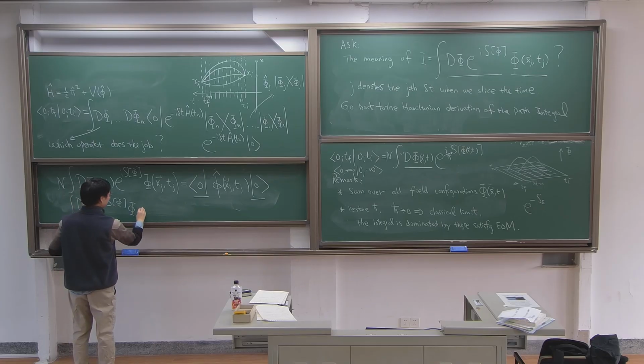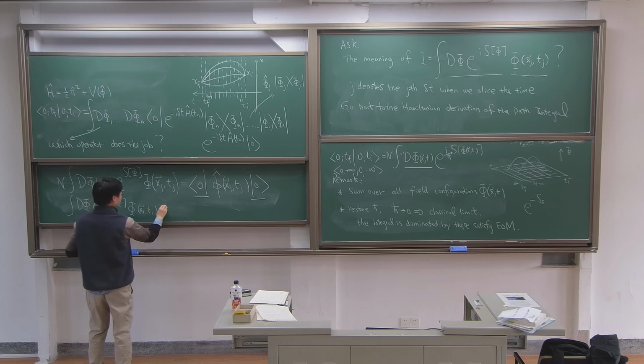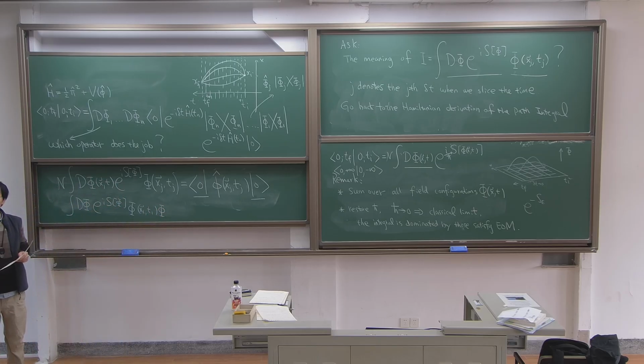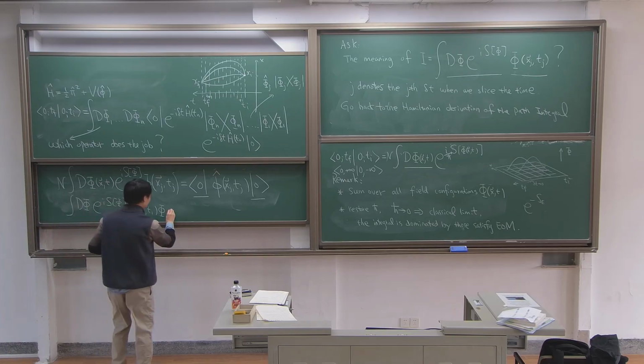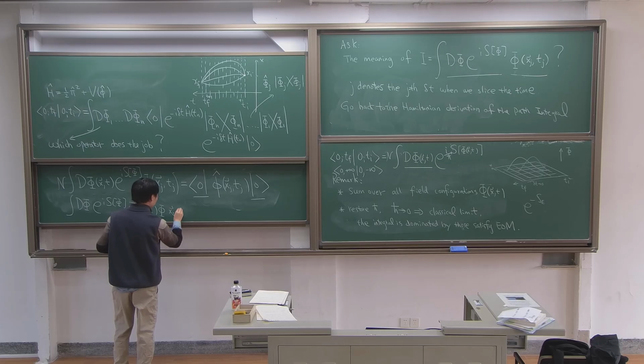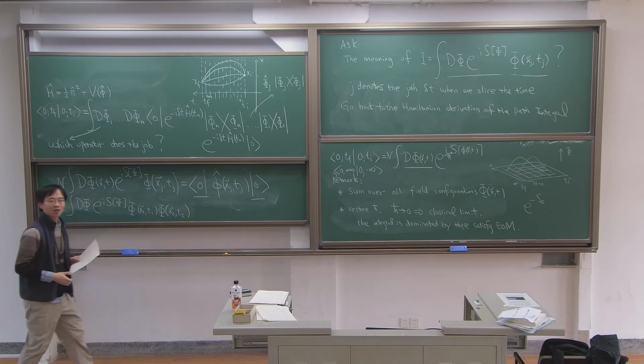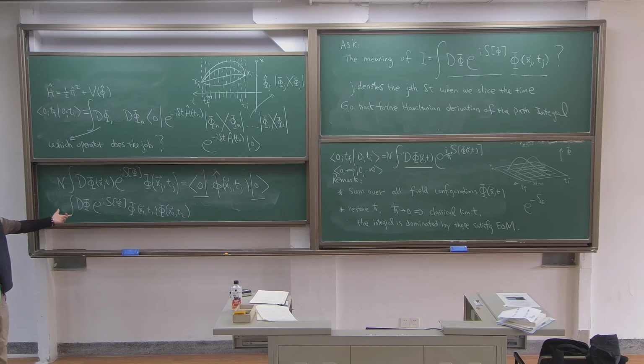For example, one is x1, t1, another is the same field but located at two different space-time points, x2, t2. You can also ask the question, what's the meaning of this one? Then the idea will be the same.